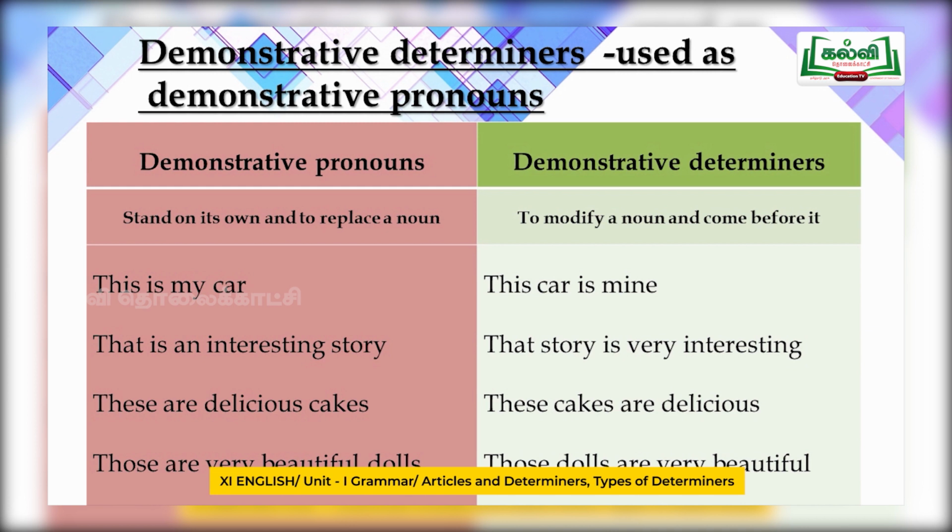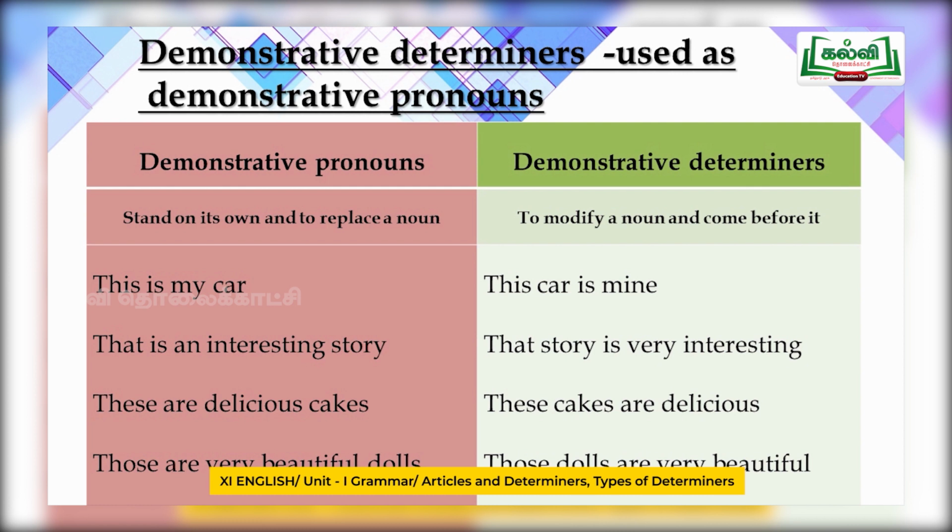Demonstrative pronouns stand on their own and replace a noun. Demonstrative determiners modify a noun and come before it. Example, that is an interesting story. Here, the word that refers to the story. But here, that story is very interesting.